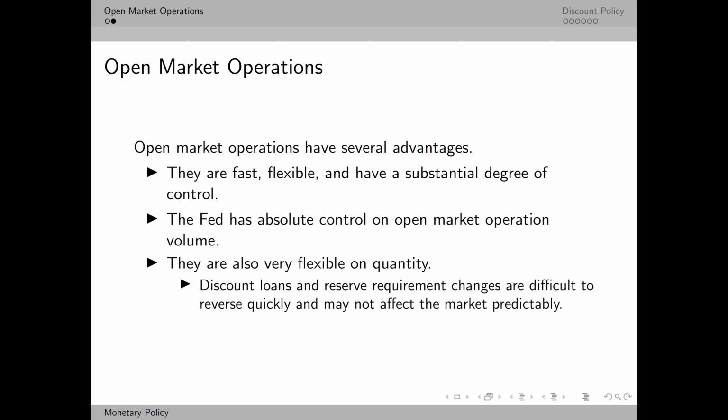The FOMC just gives a directive and then the trading desk implements it. Additionally, it gives the Fed a substantial amount of control because they get to initiate all the transactions. They don't have to leave it up to banks to enter into the contracts like with discount policy, and so they get to have a little bit more control of what's going on in the market and what goes on to the Federal Reserve's balance sheet.